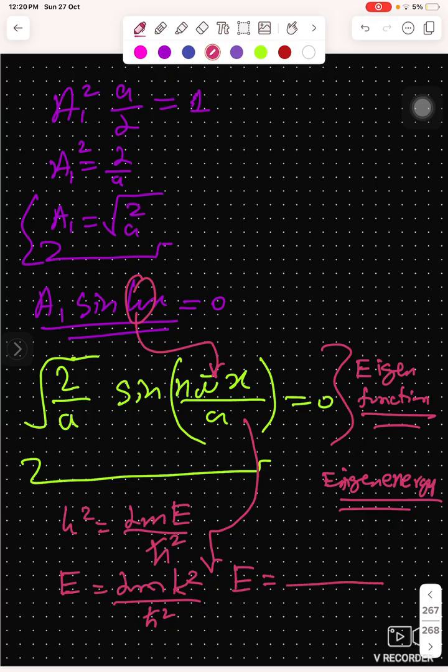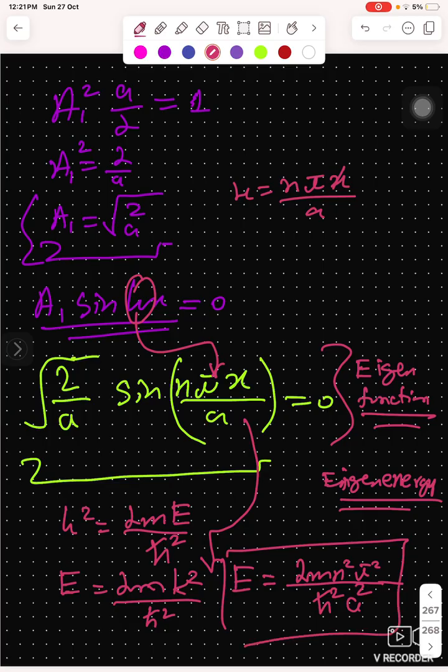What is k for me? k is nπx over a. So it would be, it's squared, so 2m n square π square over h bar square a square and x square. Or would x be there, did we add x? No, we don't add x. Yeah. So here is the solved version.